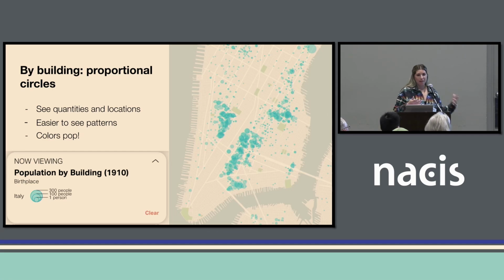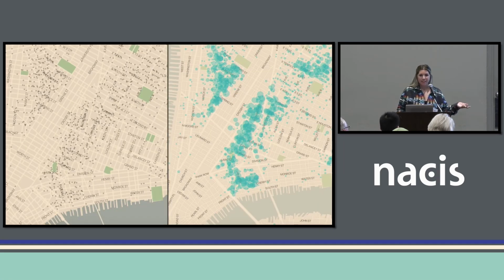So that was a lot about the individual view, but we also have this view by building. We were previously just using markers, and now we've switched to using proportional circles. So you can see this is the same data in the old version and the new version. This is people from Italy and where they live in New York. Previously, you could just see that they lived in this location, and it could be one person, it could be 300 people.